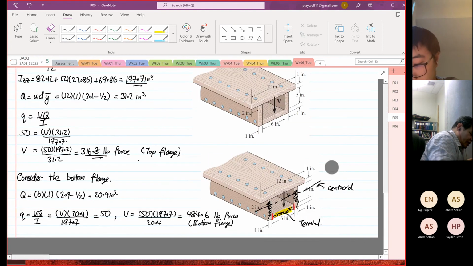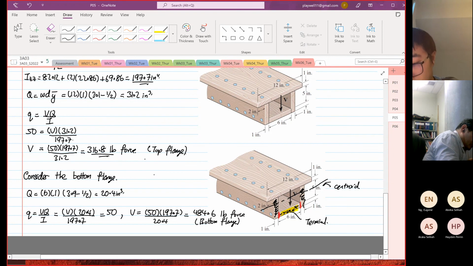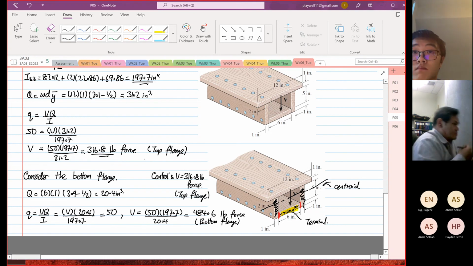So over here we can conclude that the control is V is equal to 316.8. You take the smallest value, okay, pound force, and this is due to the top flange. Okay.